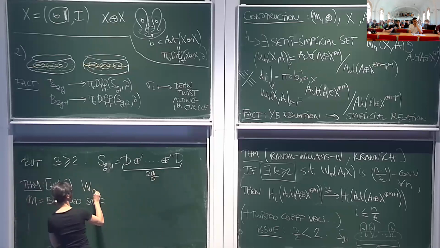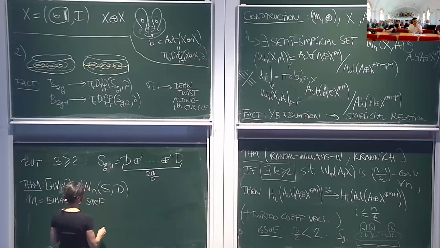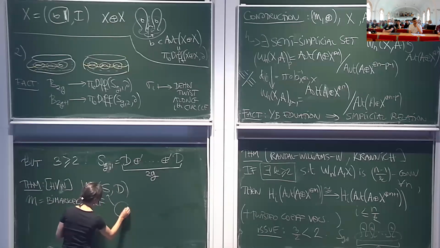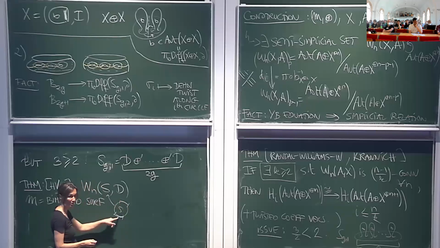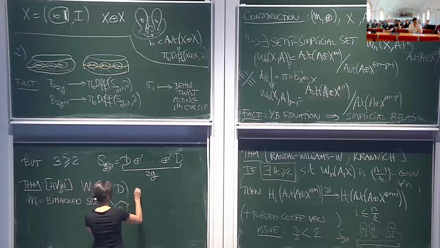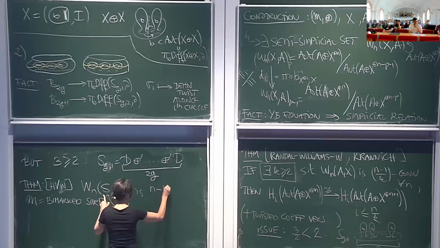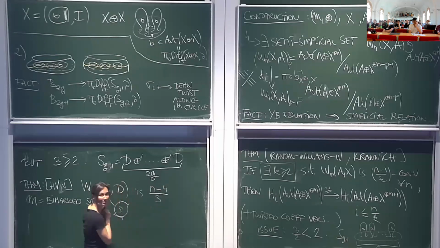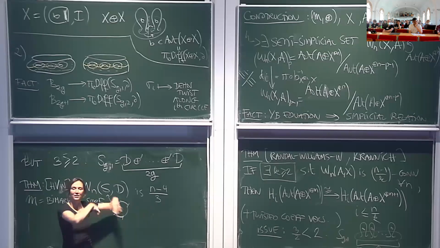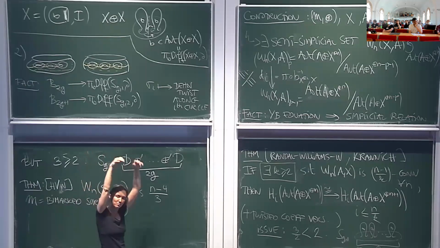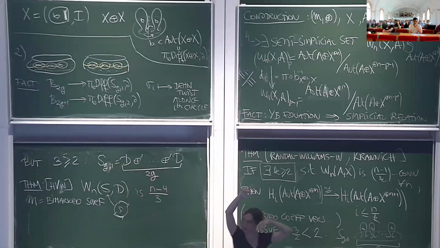Then in this case, Wn, or some surface with the disk, where S is, to be precise, some surface, but it has its interval in the same boundary components. Then this is n minus 4/3 connected. Plug it in the theorem, be a little bit careful about your statement, and you output the statement I had at the beginning of the hour. That's that.